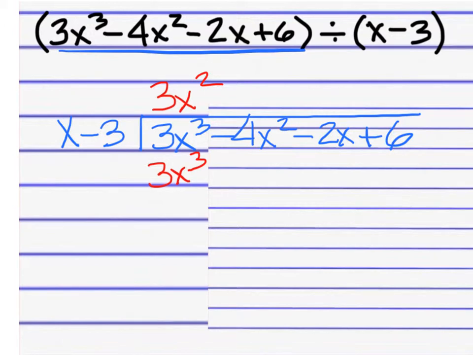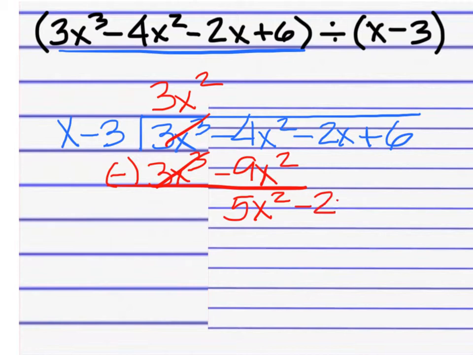And then 3x squared times a negative 3 is negative 9x squared. Subtract. Cancel. Negative 4x squared minus a negative 9x squared is a positive 5x squared. And then minus 2x.